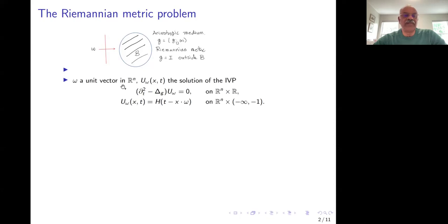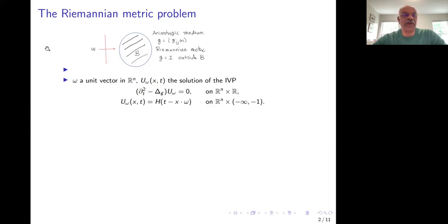So if omega is a unit vector in R^n, then let u_omega be the solution of the initial value problem. Here Δ_g is the Laplace-Beltrami operator associated with g. Initially, the plane wave, before it hits the inhomogeneous part, is just the Heaviside function H(t - x·omega).